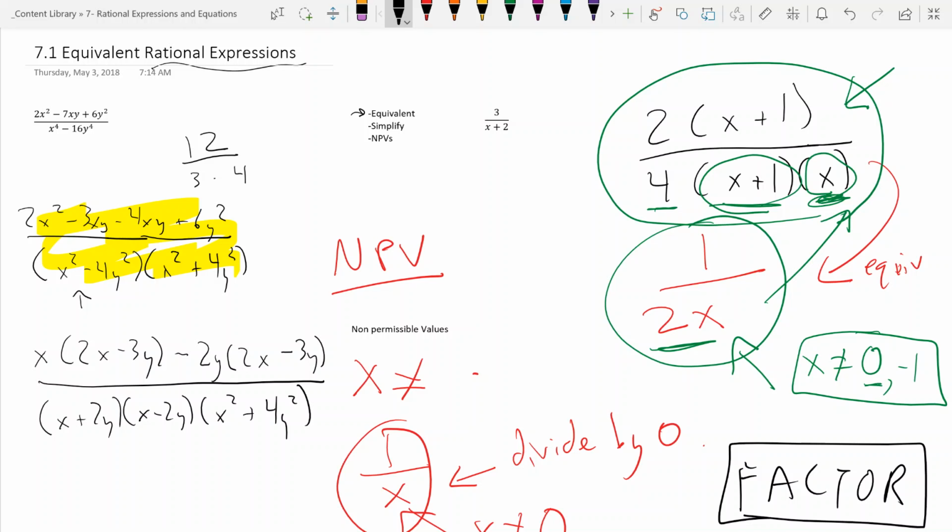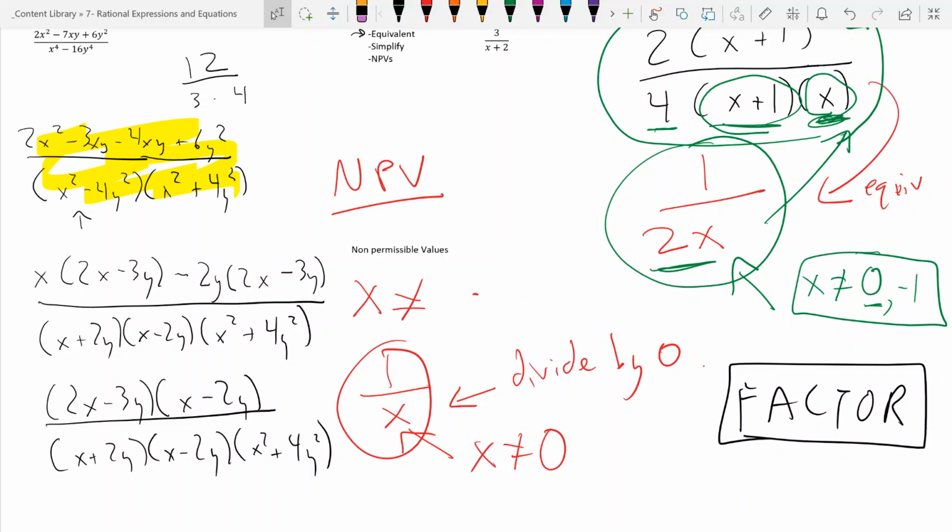It's not a difference of squares. All right, do it again. 2x minus 3y, x minus 2y.